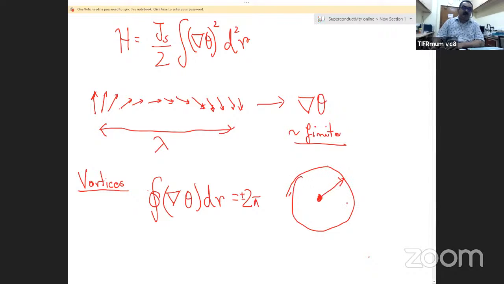Then from symmetry, all these points are roughly the same. So this contour integral I can write as grad theta times 2 pi r, if this is r. This is equal to plus minus 2 pi. Let me put modulus here, which means that the modulus of grad theta is 1 by r.